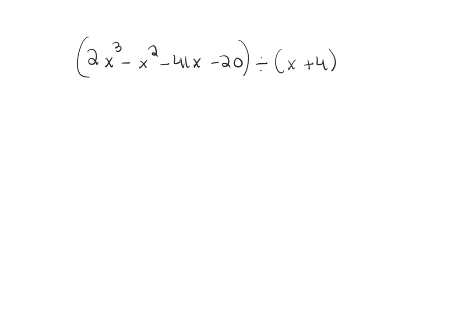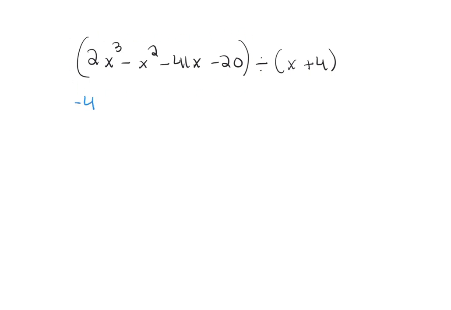Okay, for this example, we are starting with this polynomial, and I'm giving you one of the factors. We're going to divide by this factor to break this down, and the goal is to fully factor this polynomial.